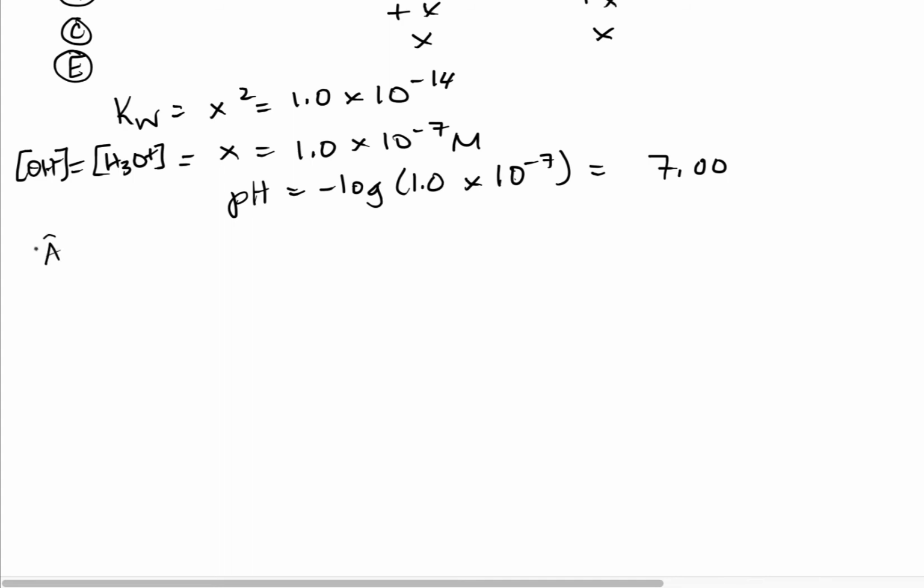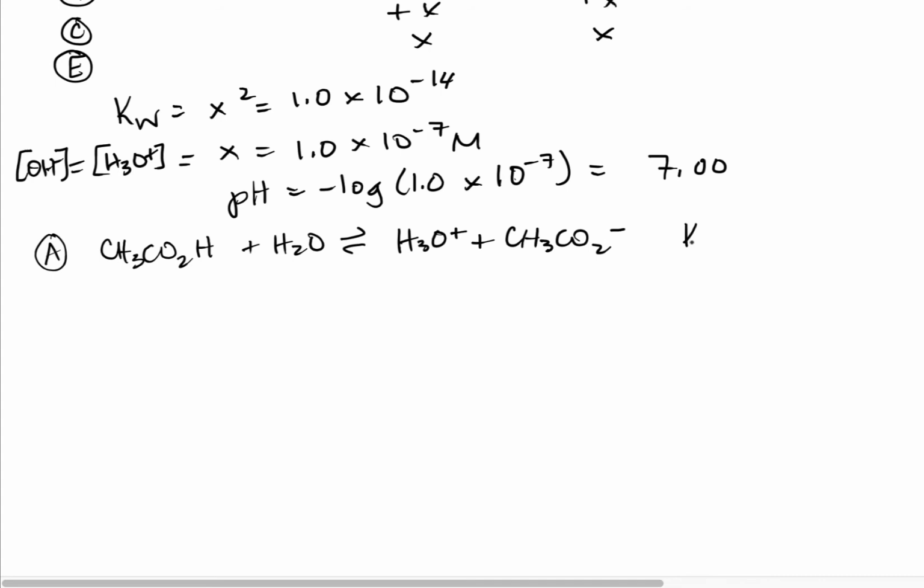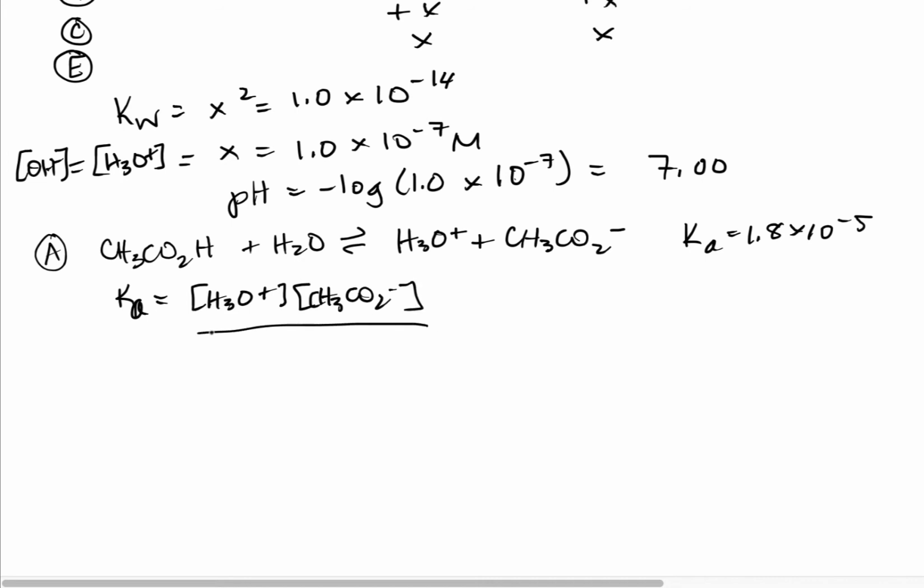So the acid equation looked like this, and it had a Ka of 1.8 times 10 to the minus 5, an equilibrium constant expression that looked like H3O plus times CH3CO2 minus over CH3CO2H.